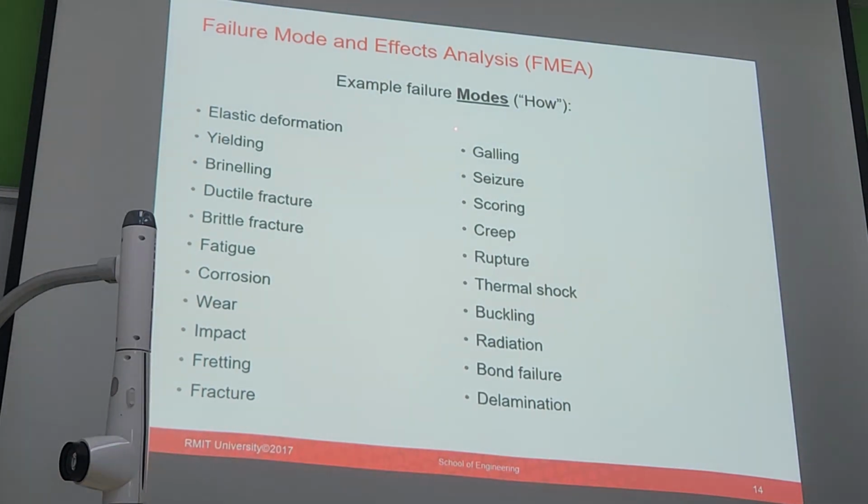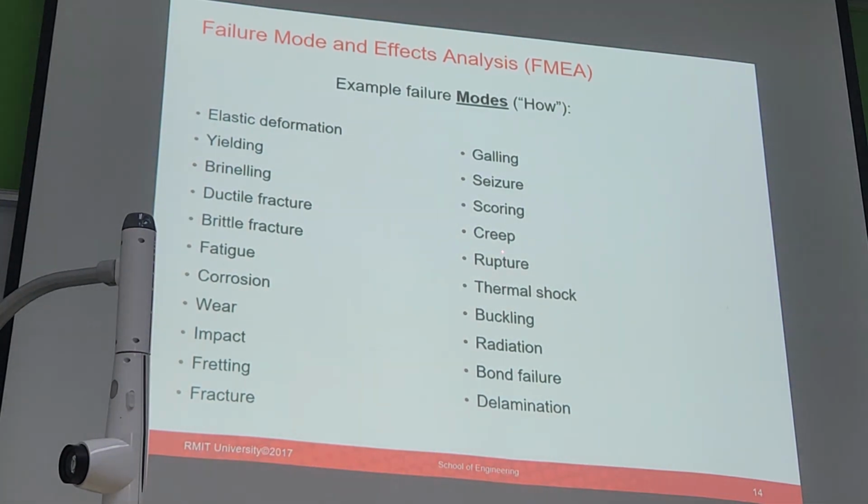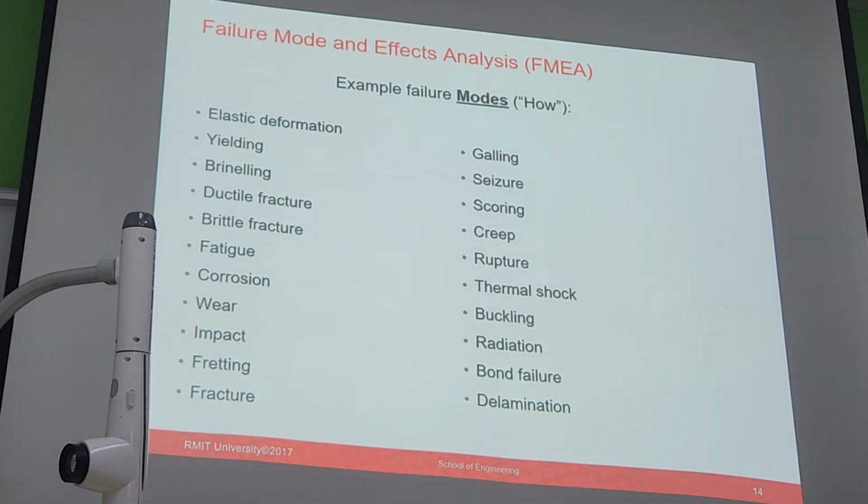So the failures, as you can see, we can have 1, 2, 3, 4, 5, 6, 7, 8, 9, 10, and consider 10 here, 20, 21. We have 21 here, but if you go to the industry, we have many, many failures.